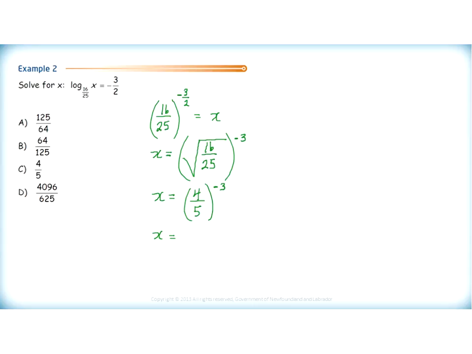So x is equal to, using another rule for exponents, 5 over 4 raised to the power of a positive 3. 5 cubed is equal to 125, and 4 cubed is equal to 64. So in this case, the value of x is equal to 125 over 64, and that corresponds to A as our multiple choice item.